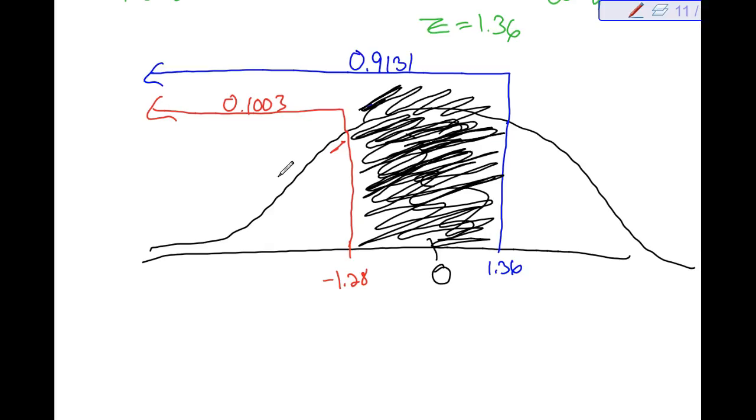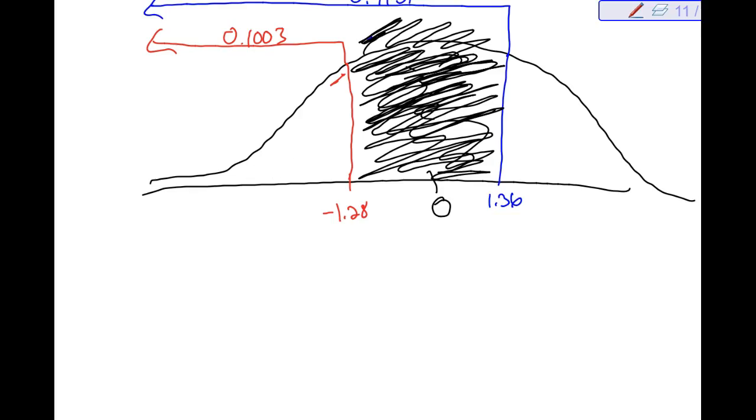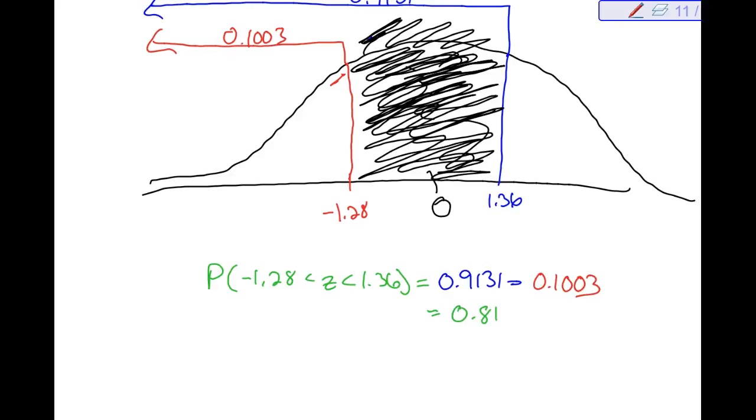So what I really want is for the probability of z being between a negative 1.28 and a 1.36, I want 0.9131 minus the 0.1003, which is 0.8128.